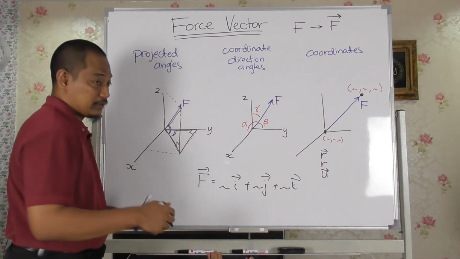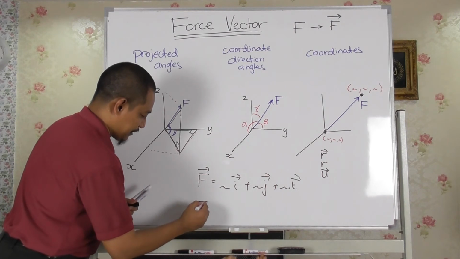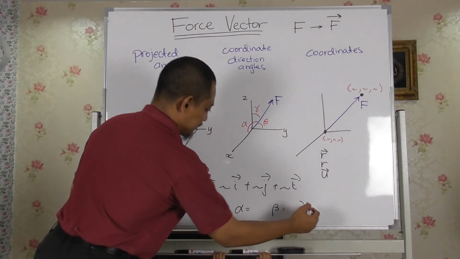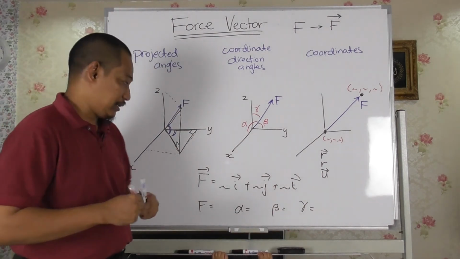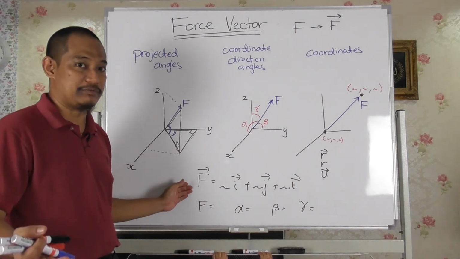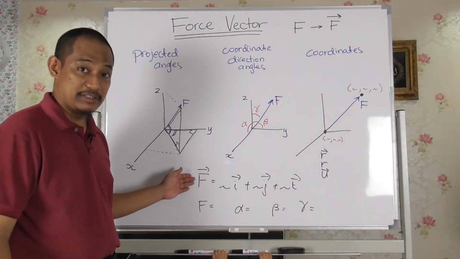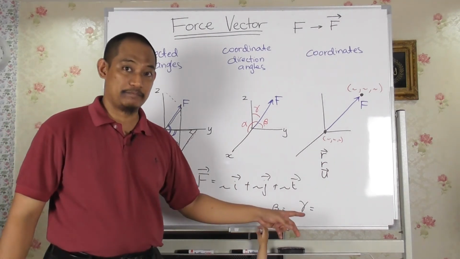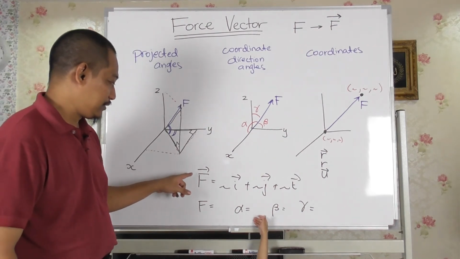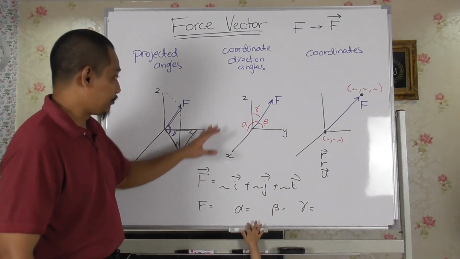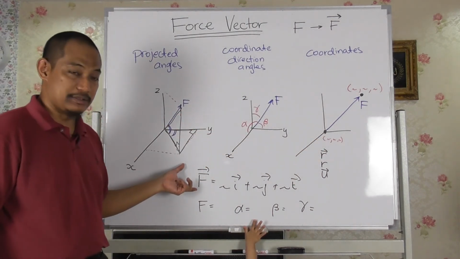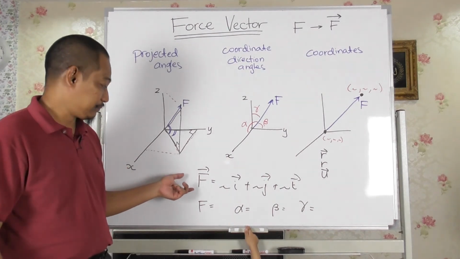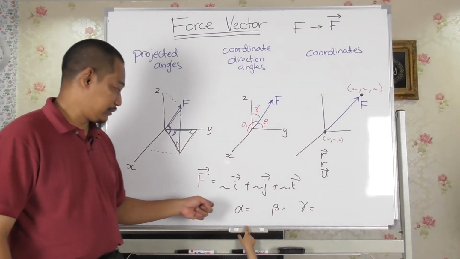Or the question may ask what is the magnitude as well as the coordinate direction angles. So the question may ask for the force in Cartesian vector form, or the magnitude and direction, or the coordinate direction angles. You should know how to get from this vector, because normally when you calculate in terms of vector, you will get the answer as a vector, be it resultant force or force required, and then how to get the magnitude and how to get alpha, beta, and gamma.